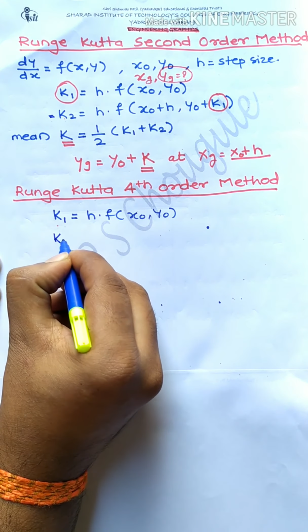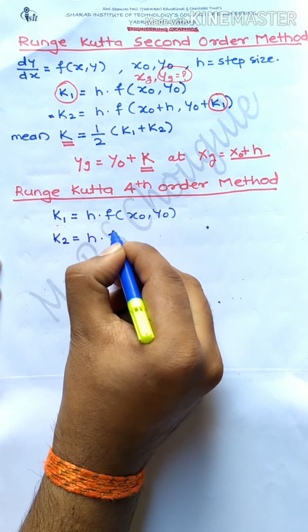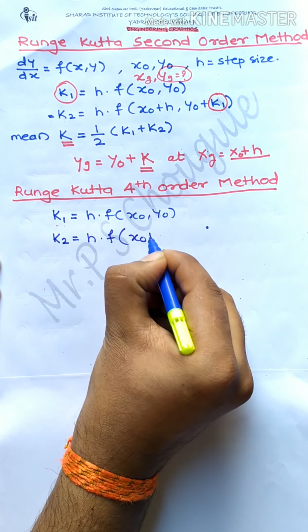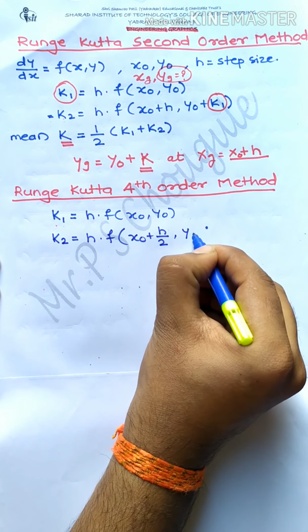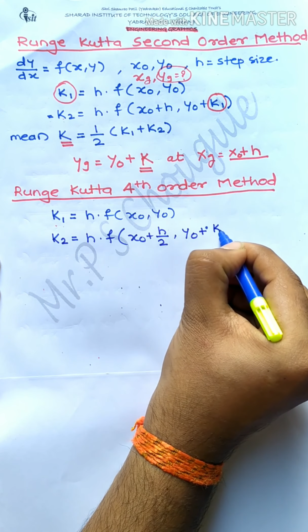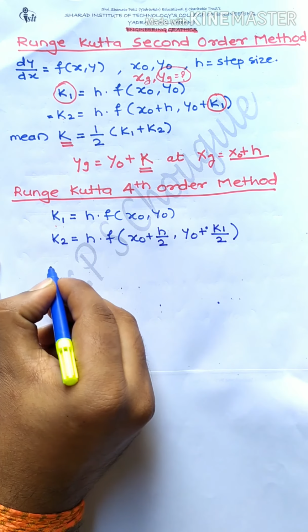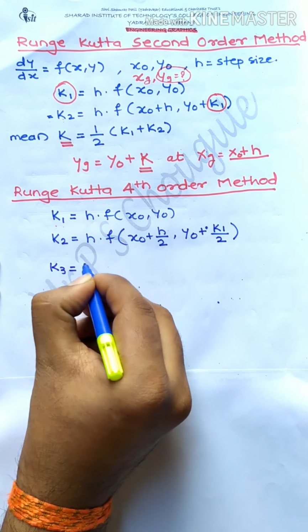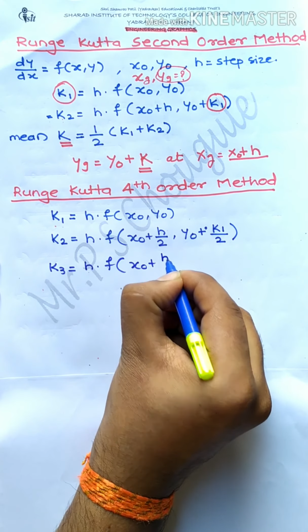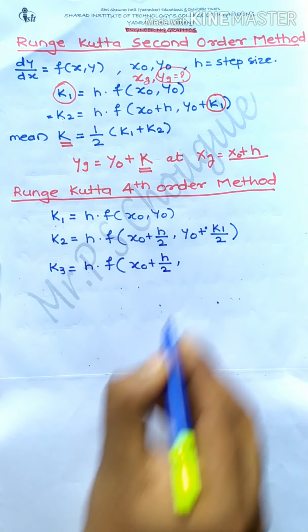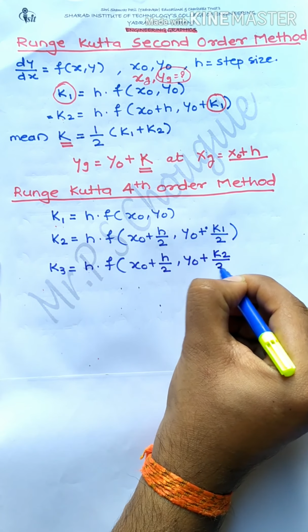Remember here? So k2, the second term, is equal to h into f of x0 plus h by 2, y0 plus k1 by 2. Then the value of k3 is equal to h into f of x0 plus h by 2 and y0 plus k2 by 2.